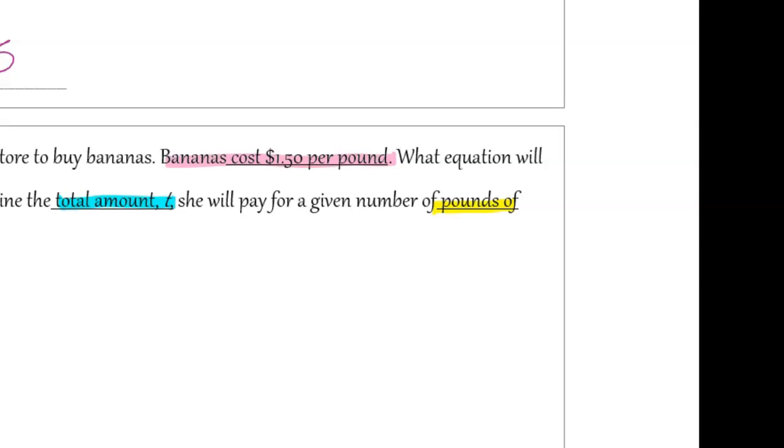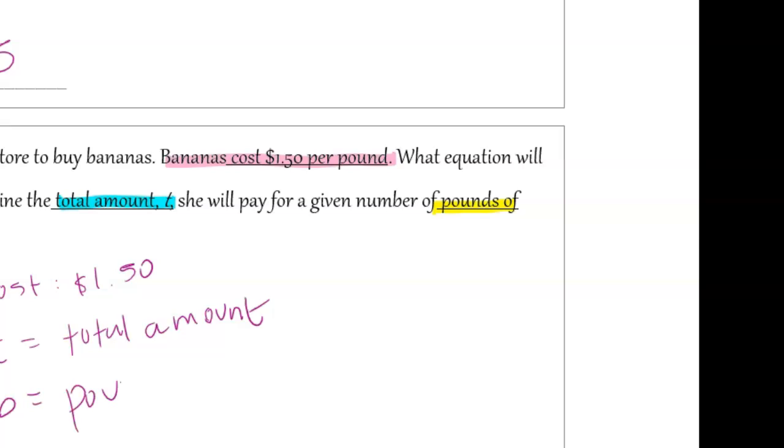So again, we have the amount, which is the cost, that is $1.50, and then we have T for your total amount, and then we have B for pounds of bananas.